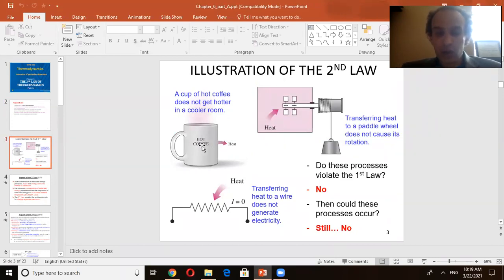Imagine that my coffee gets hotter and the room gets colder. Imagine that I hit a wire and the current goes here. Would this violate the first law? No, because it does not violate energy conservation. But it does not happen because there is something else that ancient Greeks did not know, but we know. It's the second law.